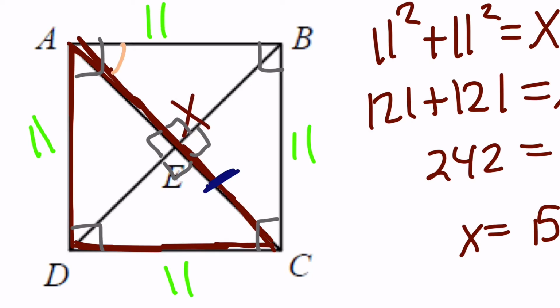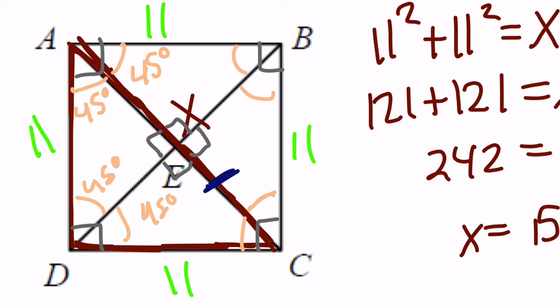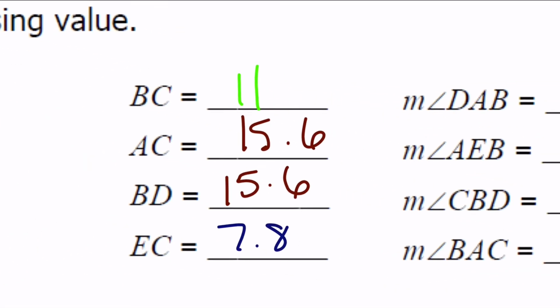So that means it cuts this one in half, this one in half, this one in half, and this one in half. Because they're all 90, cutting them in half is going to be 45 degrees on each one. And so on.